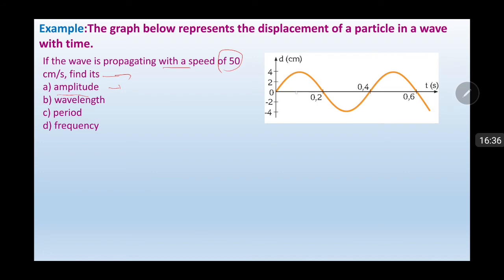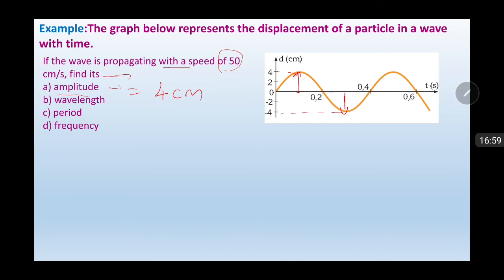If you remember, amplitude is from the starting point to the maximum point or the minimum point. Look at this, maximum point and minimum point equals 4. Amplitude equals 4 centimeter.